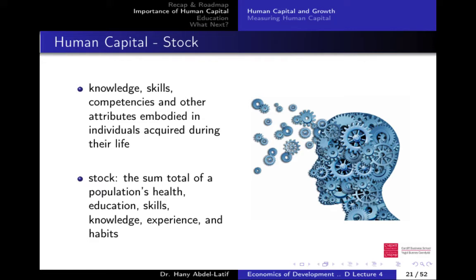The culture of being hard working and ambitious, etc. You remember when we talked about developing countries, those who are risk takers, entrepreneurs, these are habits. These are part of the culture, the values. So it's not just education, health, knowledge, you also need habits to improve the level of human capital.